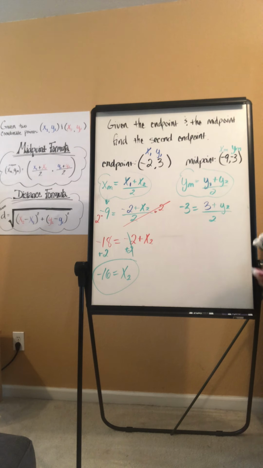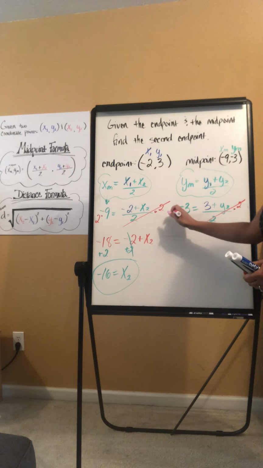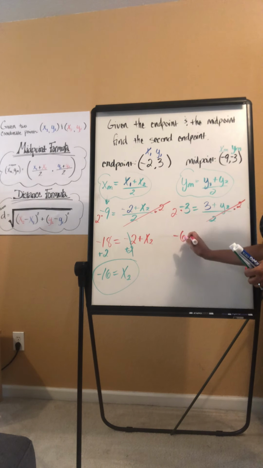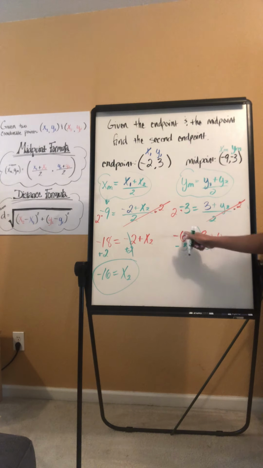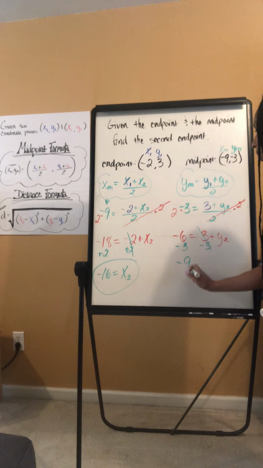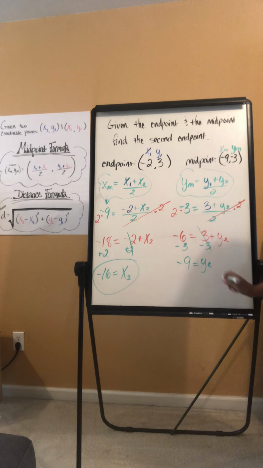Same process. I'm just going to multiply by 2. That'll give me negative 6 equals 3 plus y2. And to get y2 alone, in this case, I'm going to have to subtract 3. Subtract 3, so that'll cancel. Negative 6 minus 3 is negative 9. So negative 9 is my y2.